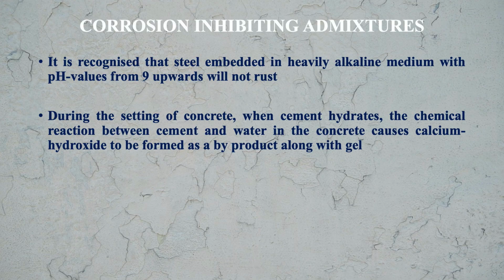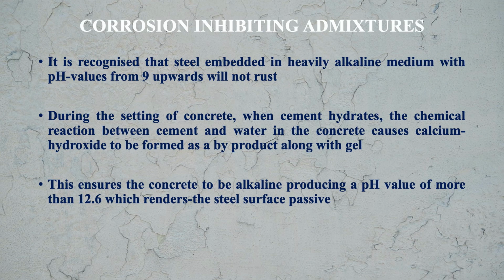During the setting of concrete, when cement hydrates, the chemical reaction between cement and water in the concrete causes calcium hydroxide to be formed as a byproduct along with gel. Means two things are formed on hydration, the gel and calcium hydroxide.